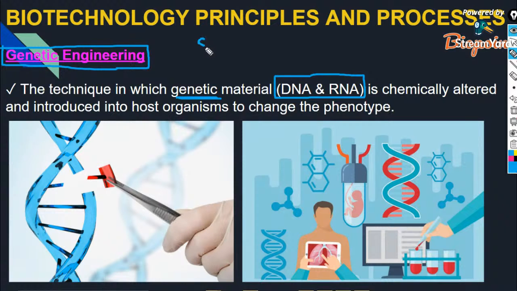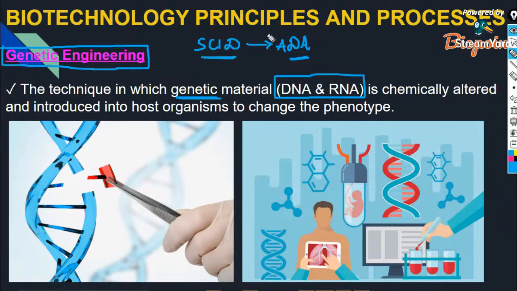For example, you might have learned about the disease SCID, which is caused due to a defect in the gene producing the adenosine deaminase enzyme. This is also treated with the help of genetic engineering methods.